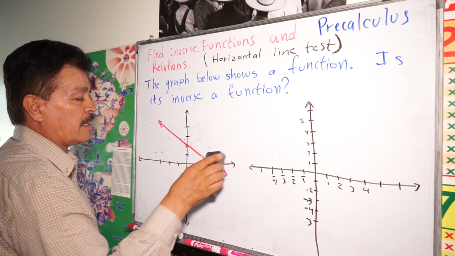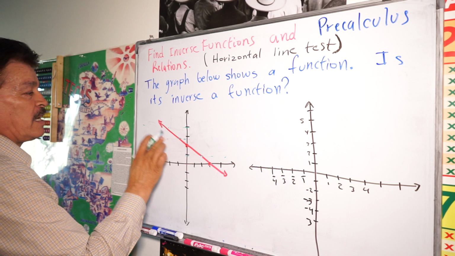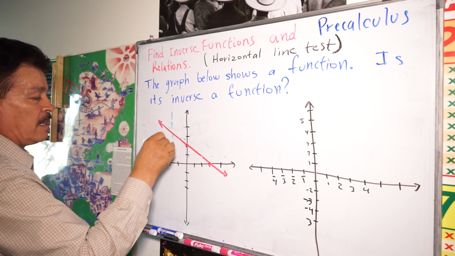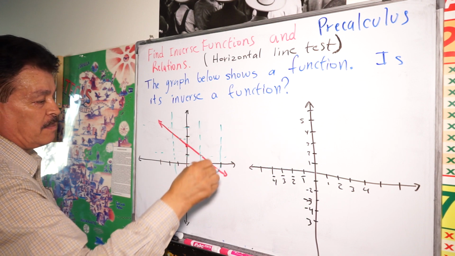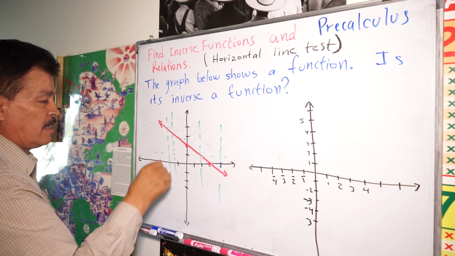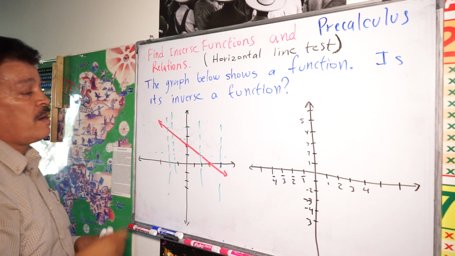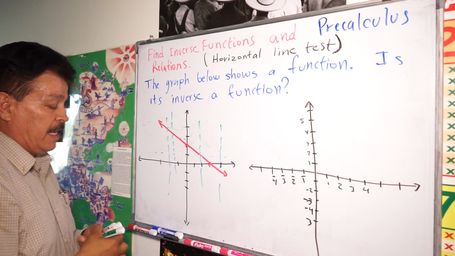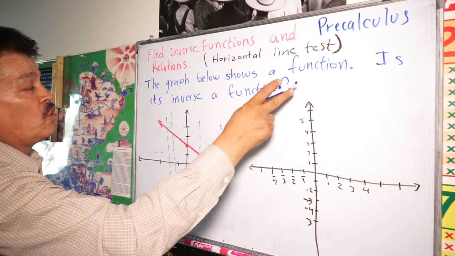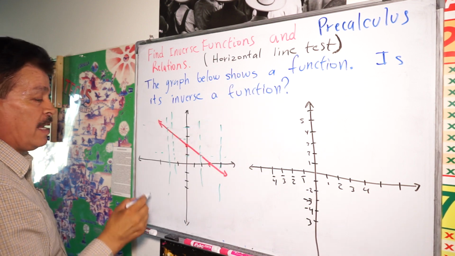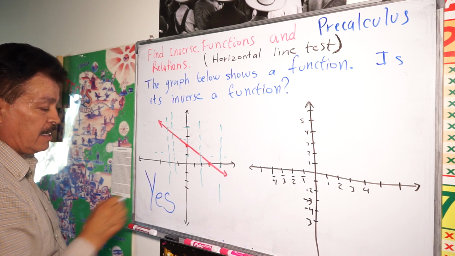Vertical lines, like this. This is not horizontal, this is vertical. Remember the last concept that I gave you? I wrote it before. So the answer here is yes. The graph below is a function, and its inverse is a function. Yes.